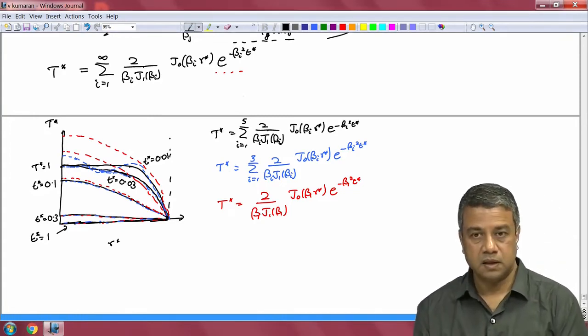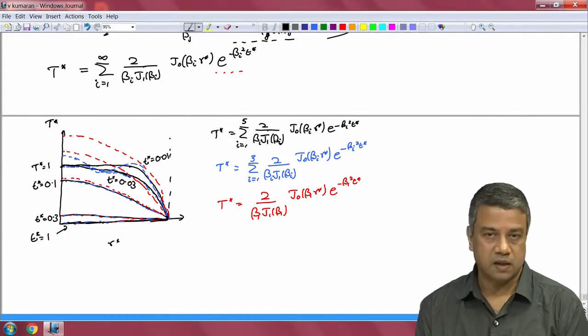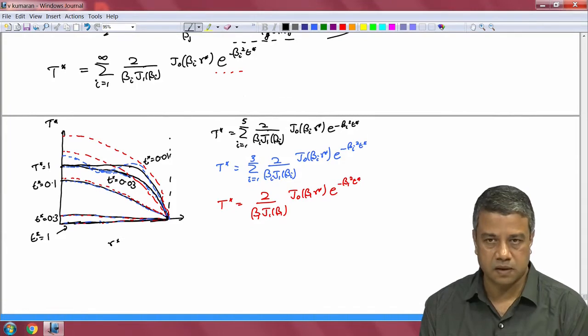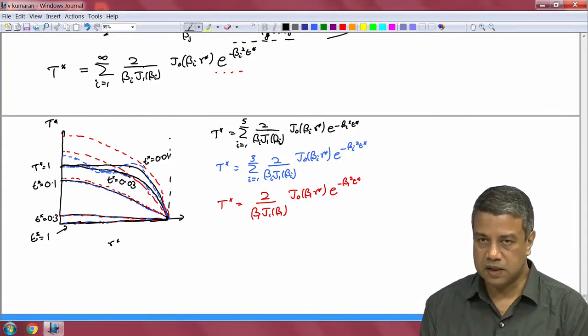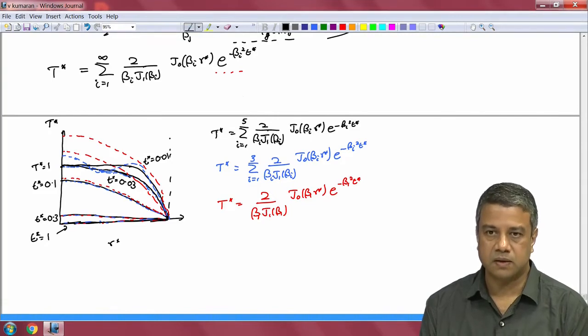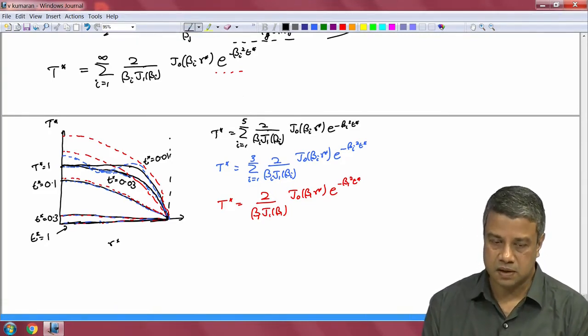So, you can see that up to 0.1 a single term gets the solution quantitatively accurate. Until 0.03 the 3 term gets the solution quantitatively accurate, and at 0.01 you require 5 terms in the series in order to get the solution quantitatively accurate.